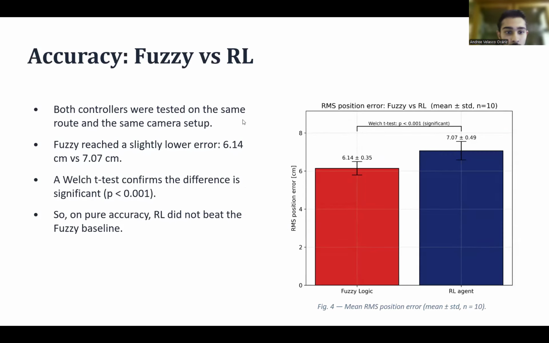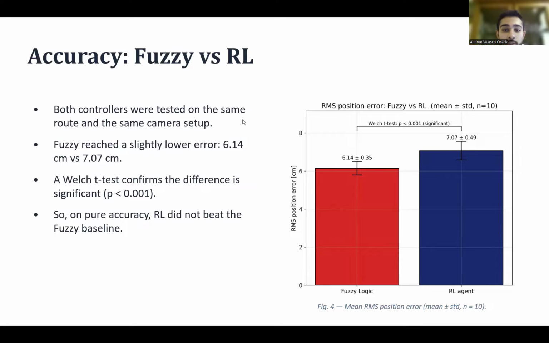Now, the results over 10 physical runs. The RL agent completed 100% of the maze with an RMS path error of 7.07 centimeters in about 71 seconds. And here is the conclusion that made me think the most.